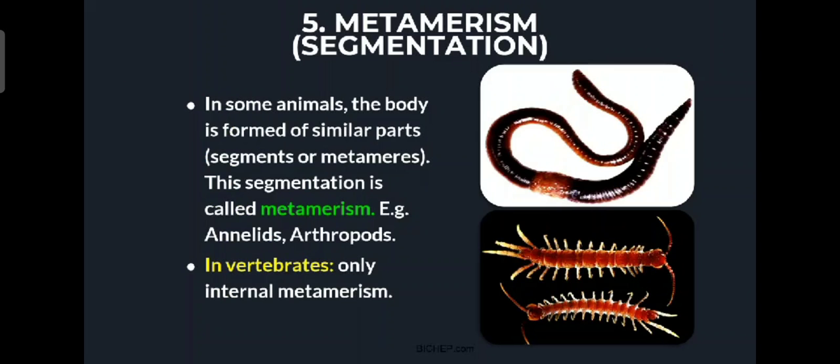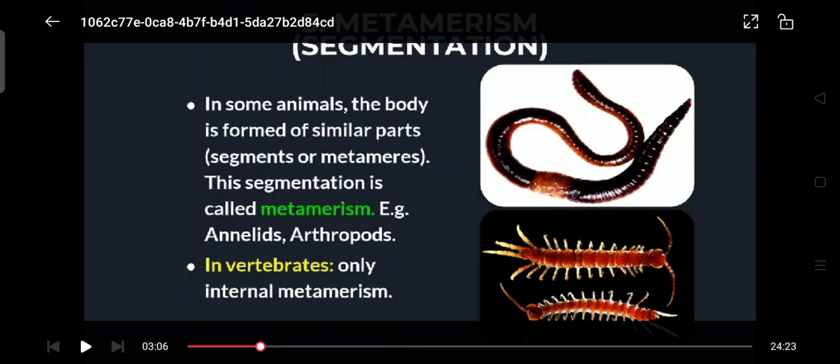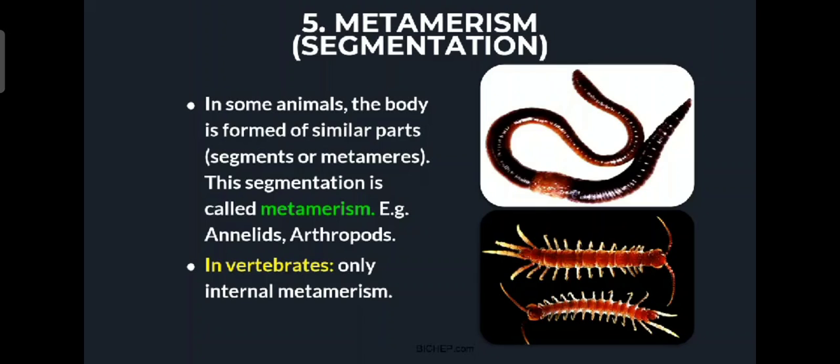Fifth point, metamerism. It is nothing but segmentation. In some animals, the body is externally and internally divided into the segments with a series of repeated organs. Each segment is called as the metamere.